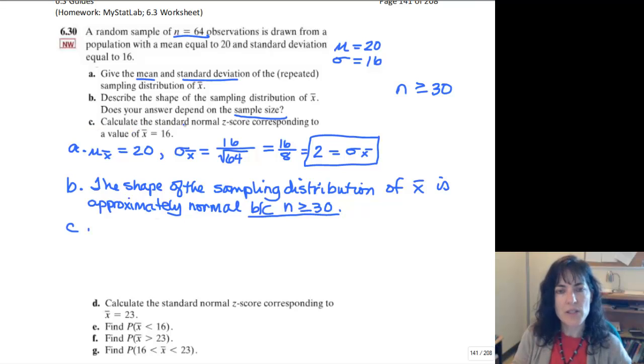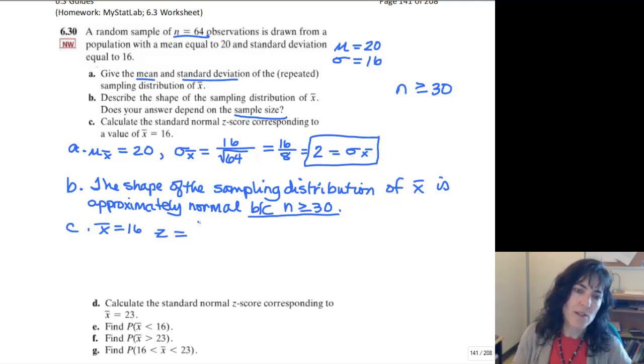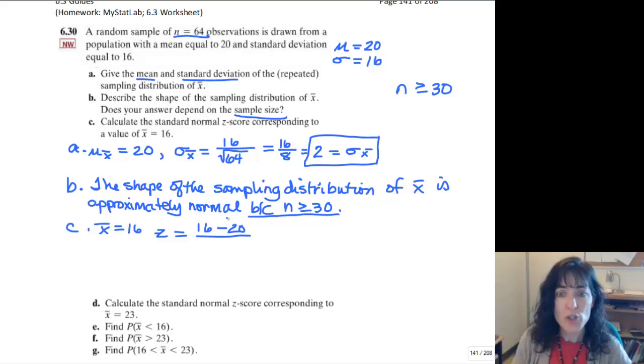Part C, calculate the standard normal z-score corresponding to a value of x bar equals 16. So if my x bar equals 16, then my z-score is going to be 16 minus my mu, which is 20, over 2, which is my standard deviation for my sample.